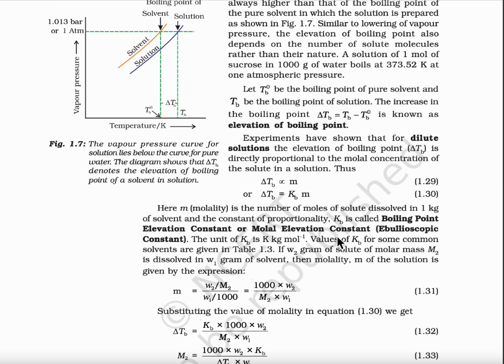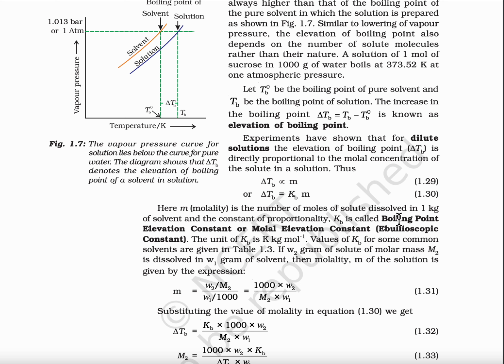Experiments have shown that for dilute solutions, the elevation of boiling point delta Tb is directly proportional to the molal concentration of the solute in the solution. Molal concentration is nothing but the molality of the solute. So through experiments, they have found that delta Tb is directly proportional to small m, which is molality, and to take away this proportionality sign, we introduce a proportionality constant, Kb.